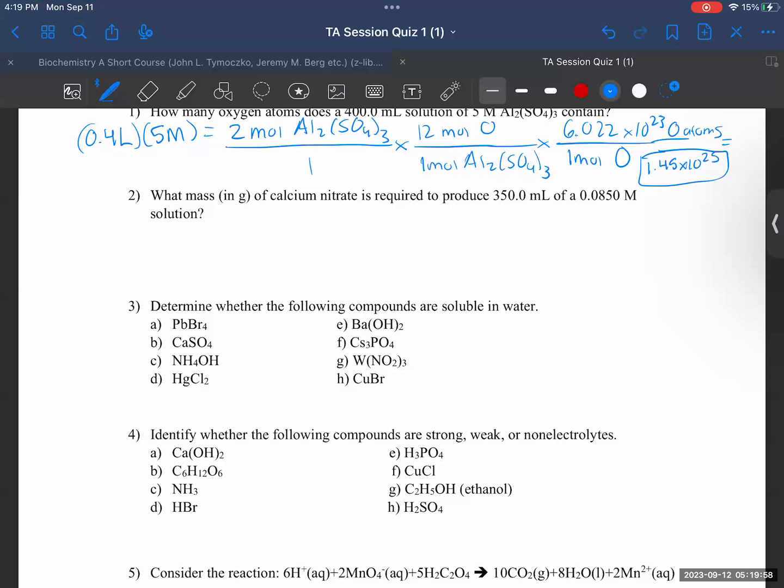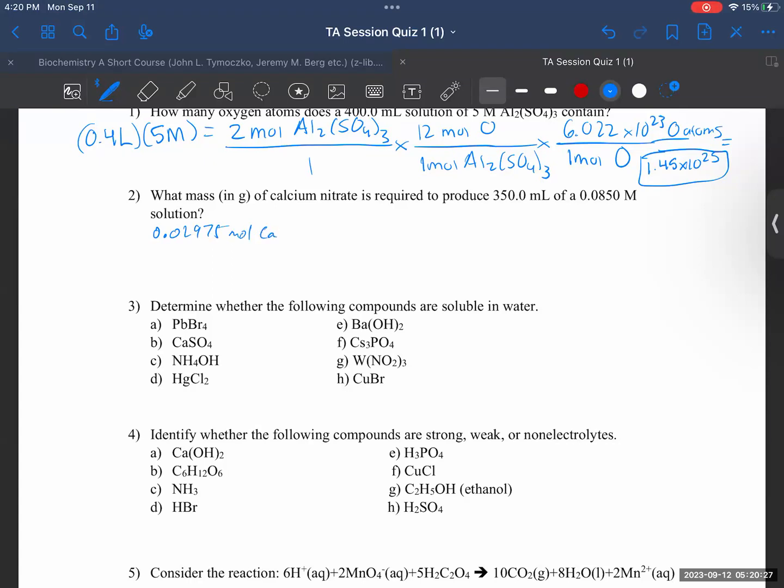How can we get to moles using the information we're given? If we multiply the molarity and the volume together, 0.085 times 0.35, converting milliliters to liters. What did you get? 0.02975 moles of calcium nitrate.